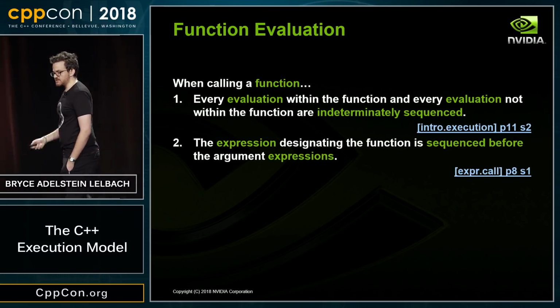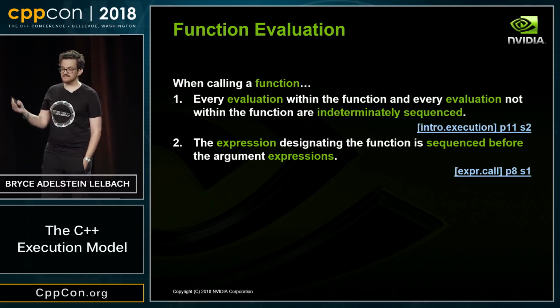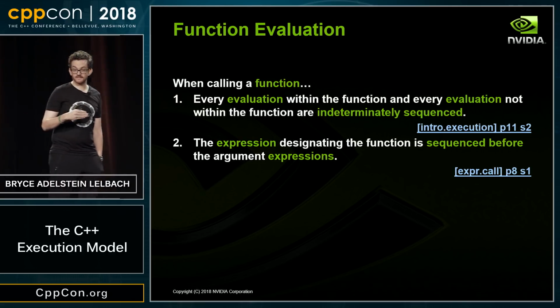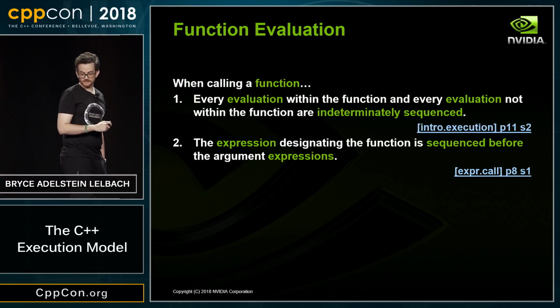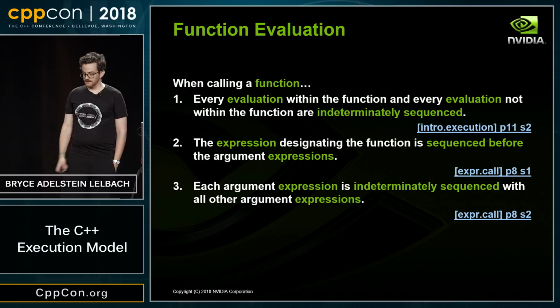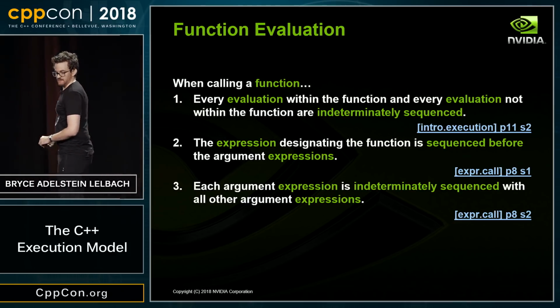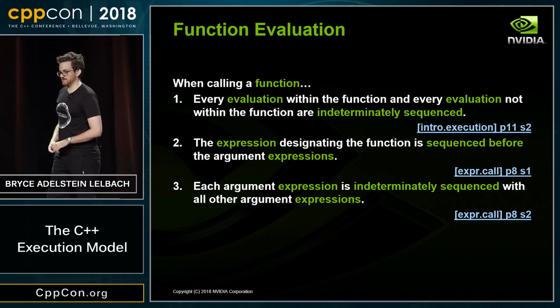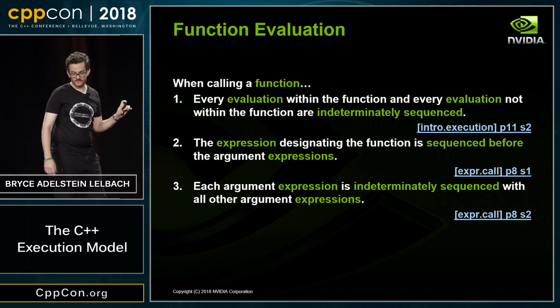The expression designating the function, so the expression designating the thing to call, is sequenced before the argument expressions. As I said, we'll get to an example, and it'll become a little clearer in a moment. And each argument expression is indeterminately sequenced with respect to all other argument expressions. This is new in C++17, slightly changed from before.